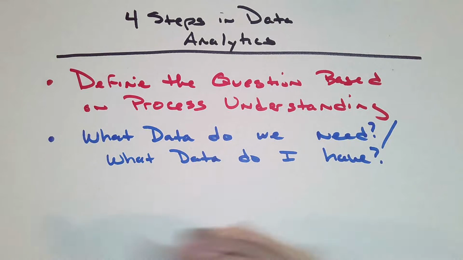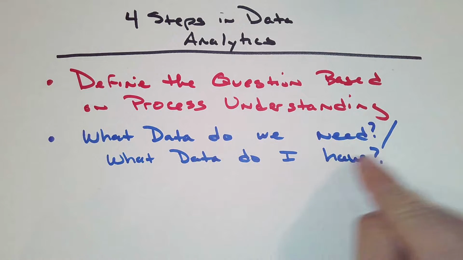And this have versus need, if I need more than I have, I may have to reconstruct or construct data to get to what I need. Or maybe the question that I'm asking can't be answered because I don't have the necessary data. And it may require me to start gathering this new data.